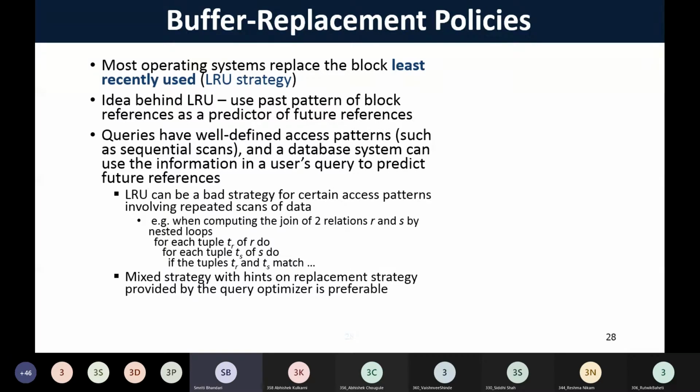A user request to the database system actually involves several steps. The database system is able to determine in advance which blocks will be needed by looking at each step that is required to execute the user requested operation.